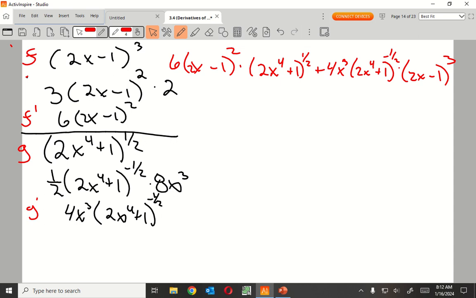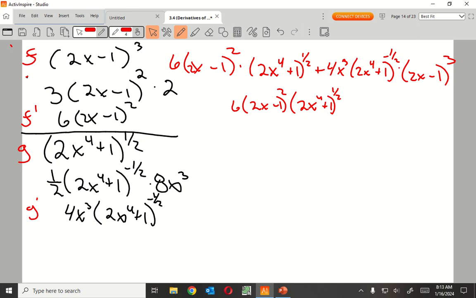So I'm going to have, let me see, 6 quantity 2x minus 1 squared times 2x to the 4th plus 1 to the 1/2, and this one right here doesn't look like it's going to clean up at all. There's got to be a place to clean this one up.